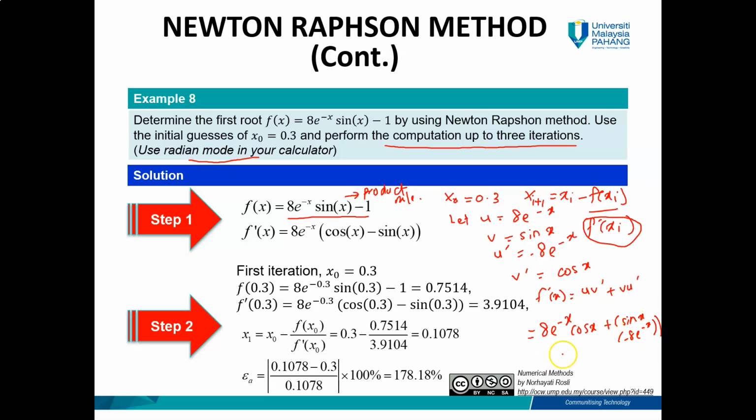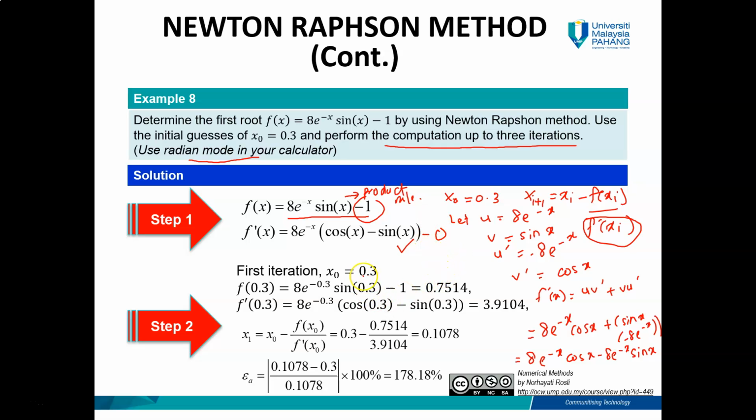When we rearrange this, we get e to the negative x cos x minus e to the negative x sine x. Then when we factorize e to the negative x, we get this as our solution. But class, differentiating this part, actually it is minus 0, so we don't have to write this 0.